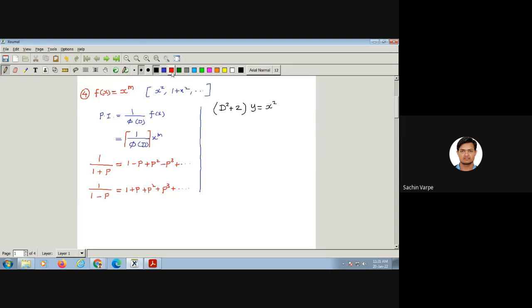Okay? So to find the particular integral, PI will be 1 upon phi of D. So what is phi of D here? D square plus 2, that is operated on x square.